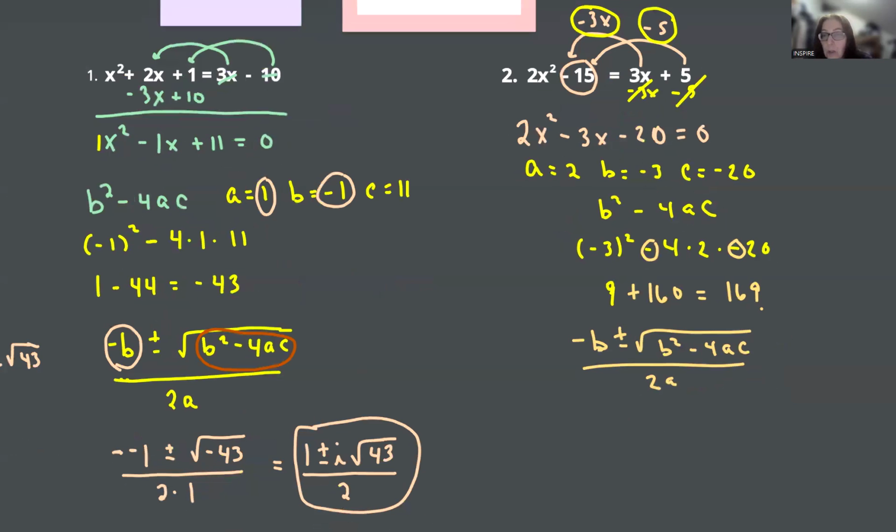So we're going to do b is negative 3. So we're going to do a negative because that's that negative. And then b is negative 3. Plus or minus the square root. Well, we already found this to be 169.